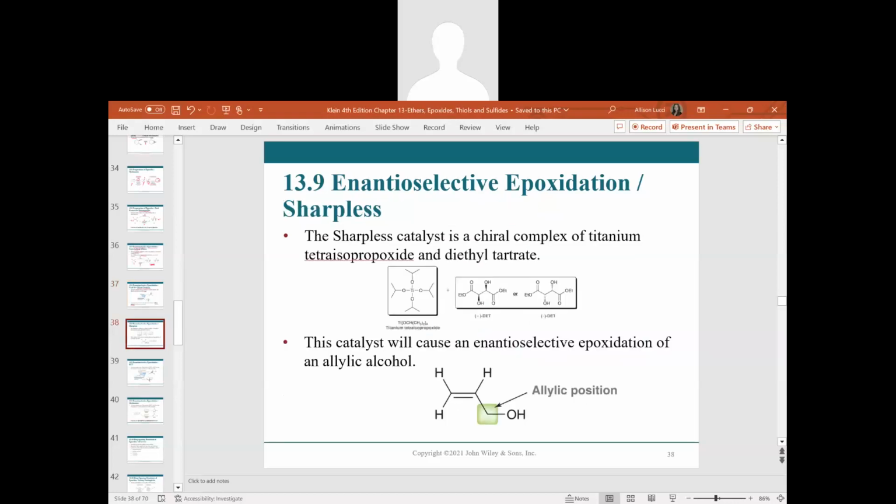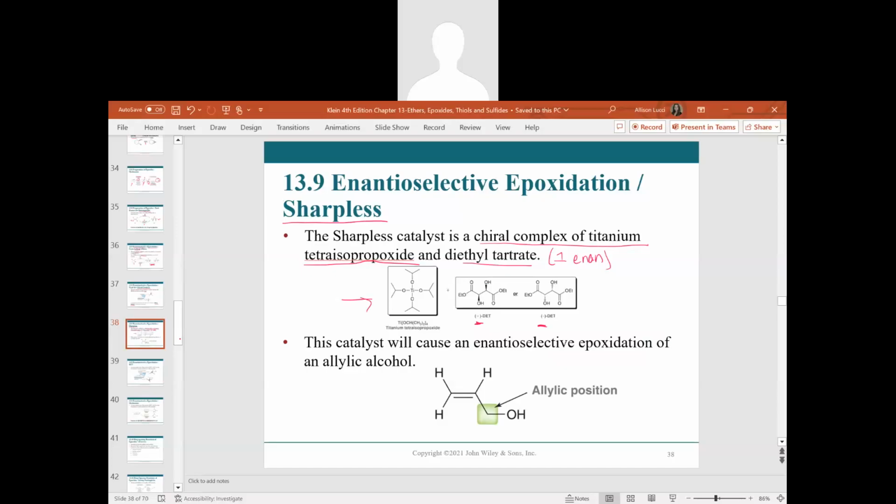And what we see here is this scientist, Sharpless, was the first to discover that if we use a chiral catalyst, specifically this chiral complex of titanium tetraisopropoxide and DET, diethyl tartrate, we would use only one enantiomer of this DET, either the positive or the negative enantiomer, in addition to this titanium tetraisopropoxide.